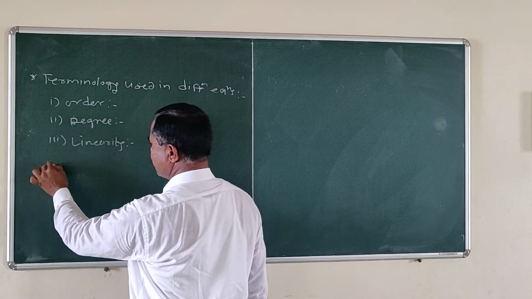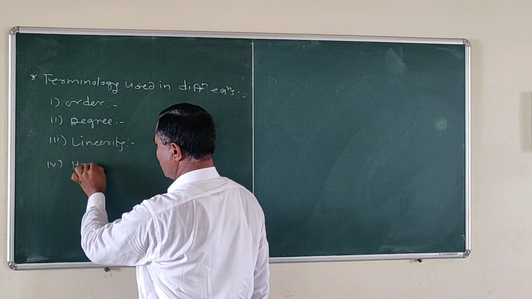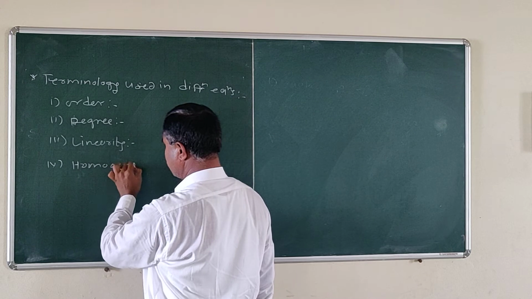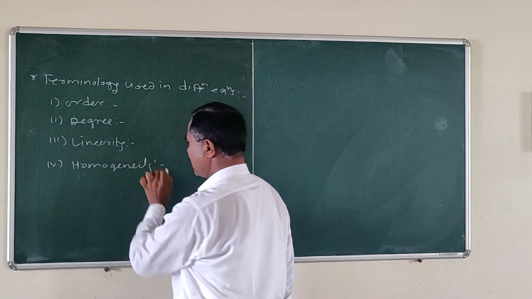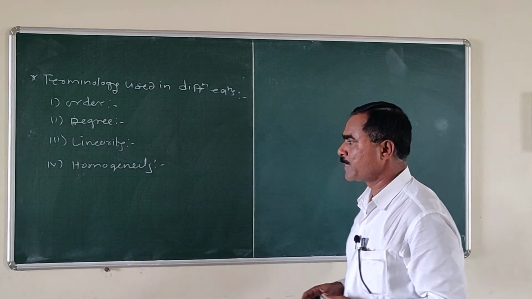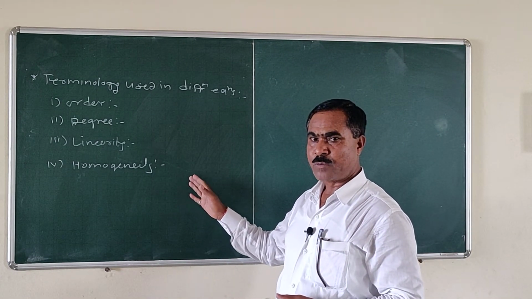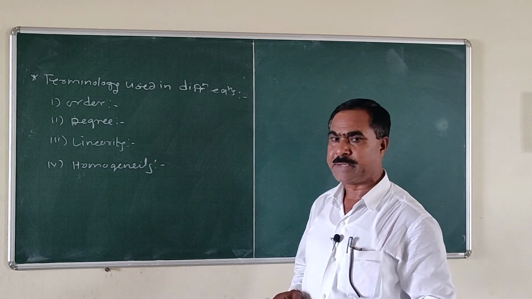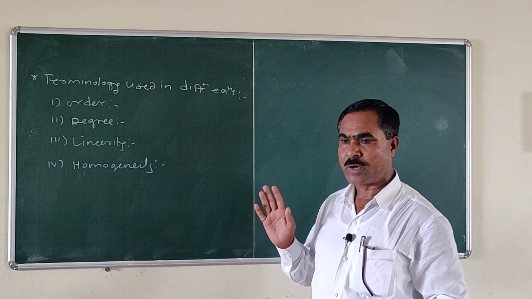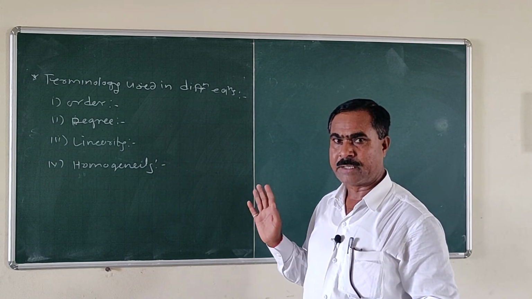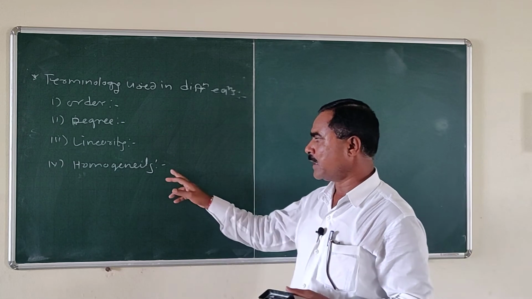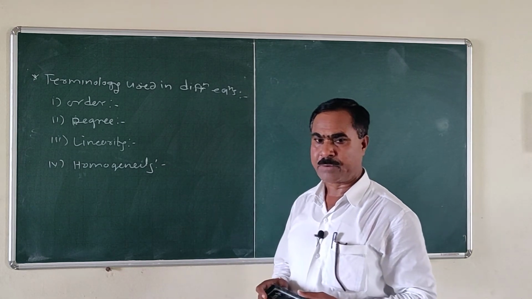Then fourth is homogeneity. Homogeneity means that the differential equation contains the dependent variable and its derivatives and there is no other term; it is called a homogeneous differential equation.